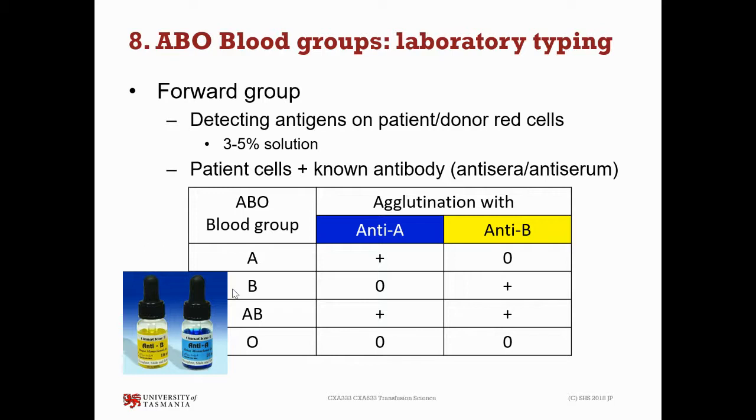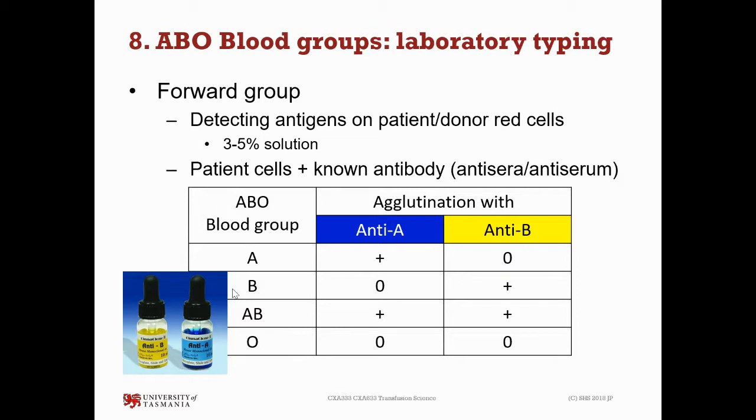So when you go into the laboratory, you use patient or donor red cells, as you can see there, but you don't use them direct, straight from a blood sample. They need to be washed and converted into a solution of 3 to 5% of cells. Now, Melina will have done this for you today.